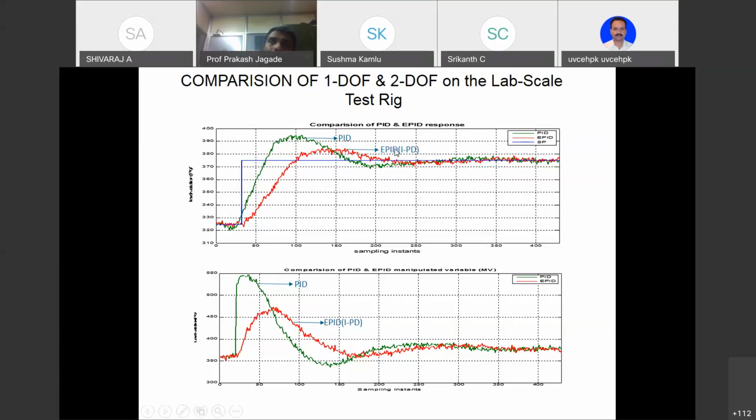So by implementing a 2 degrees of freedom PID controller, you will be able to protect the final control element and enhance its life. At the same time, you can reduce overshoot, and also reach the set point at the same time. That's the power of the 2 degrees of freedom PID controller compared to a single degree of freedom PID that we have demonstrated here.